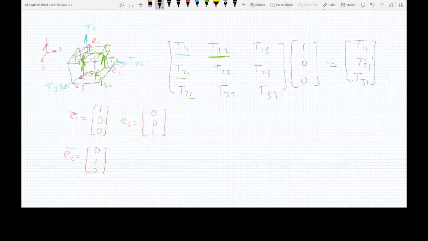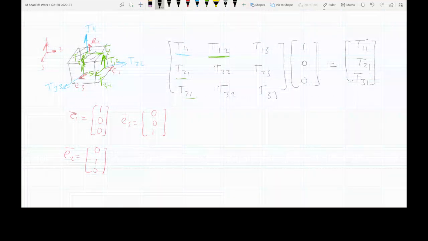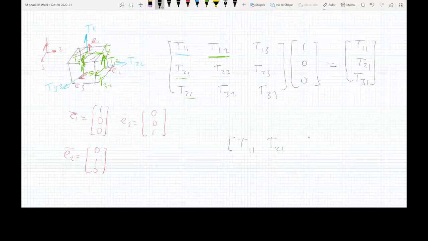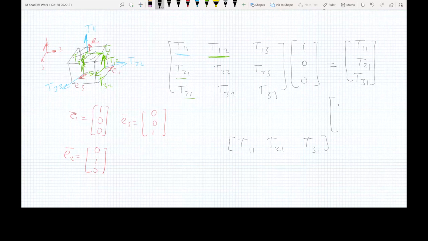Now, if you are interested in the direction of these forces, you need to multiply again with a vector. So if you are interested in which one of these are actually active in the E1 direction, or the E2 direction, or the E3 direction, you just multiply one more time. I'm interested in the E3 direction, for example.